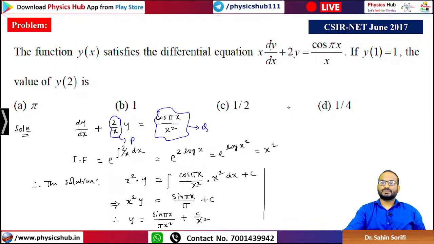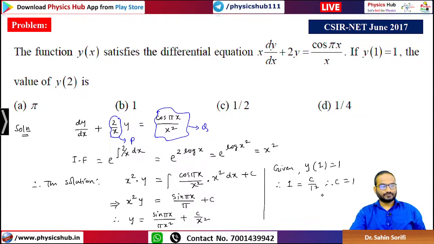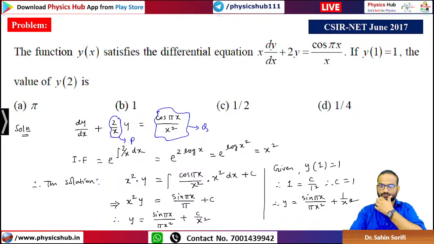So let us now put the given values: y at x equals 1 equals 1, that means 1 equals sin pi is 0, c by 1 square, so c equals 1. Hence y equals sin pi x by pi x square plus 1 by x square.